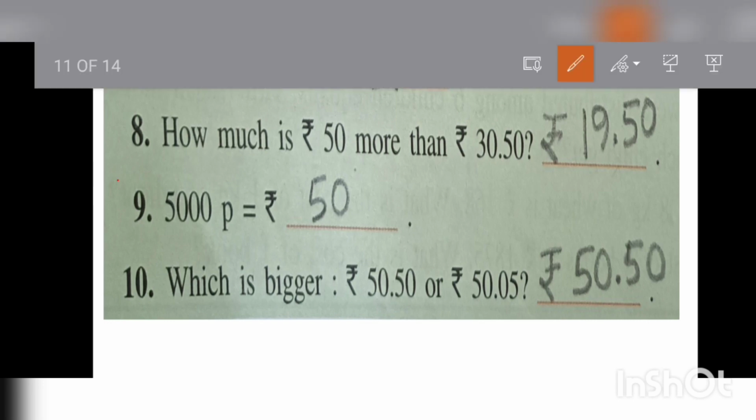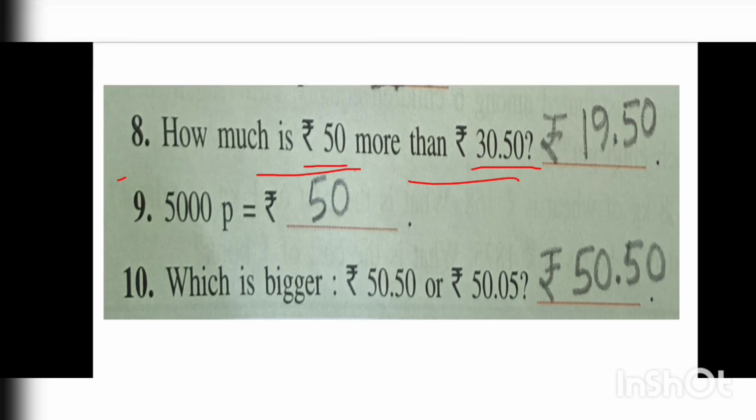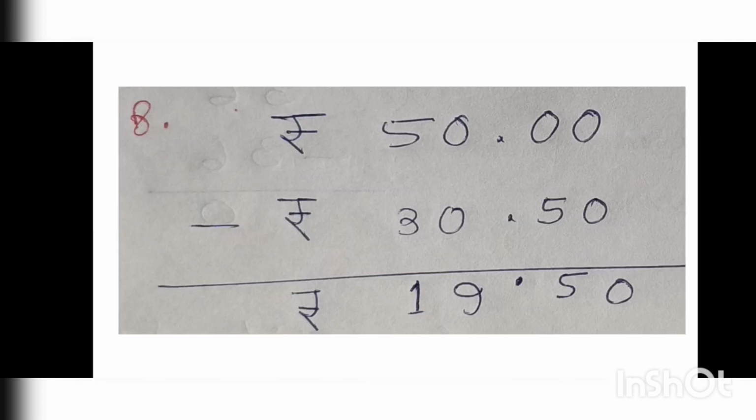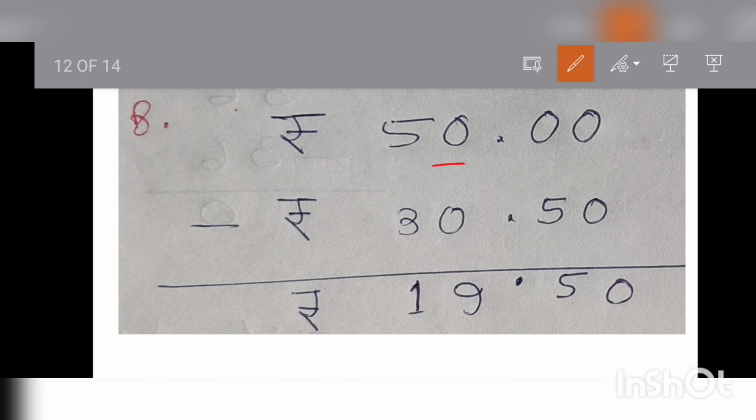How much is rupees 50 more than rupees 30.50? To find this, we have to subtract rupees 30.50 from rupees 50. So rupees 50 minus rupees 30.50. 0 minus 0 is 0. 0 minus 5 is not possible, so you have to borrow 1 from the next 0.